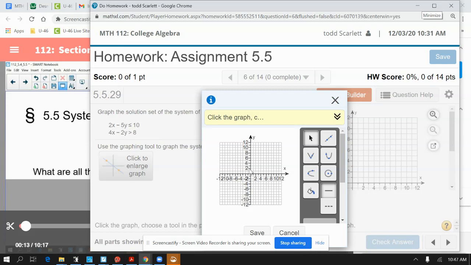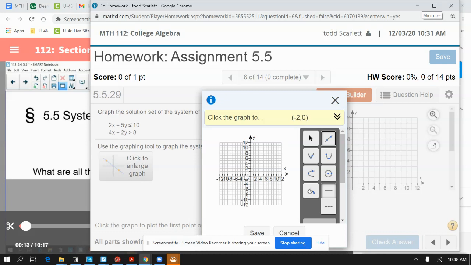So my line is going through 0, -2. Now, if y is 0, then x would be 5, because 2 times 5 gives me 10. So if y is 0, x is 5. And that's the ordered pair 5, 0. So I'm drawing my line at 0, -2 to 5, 0.